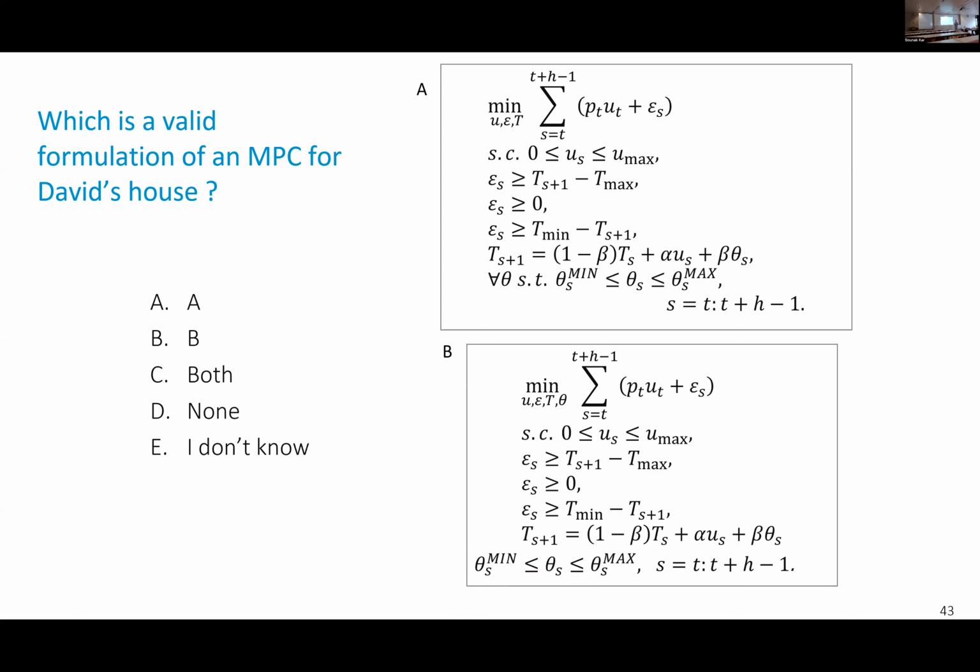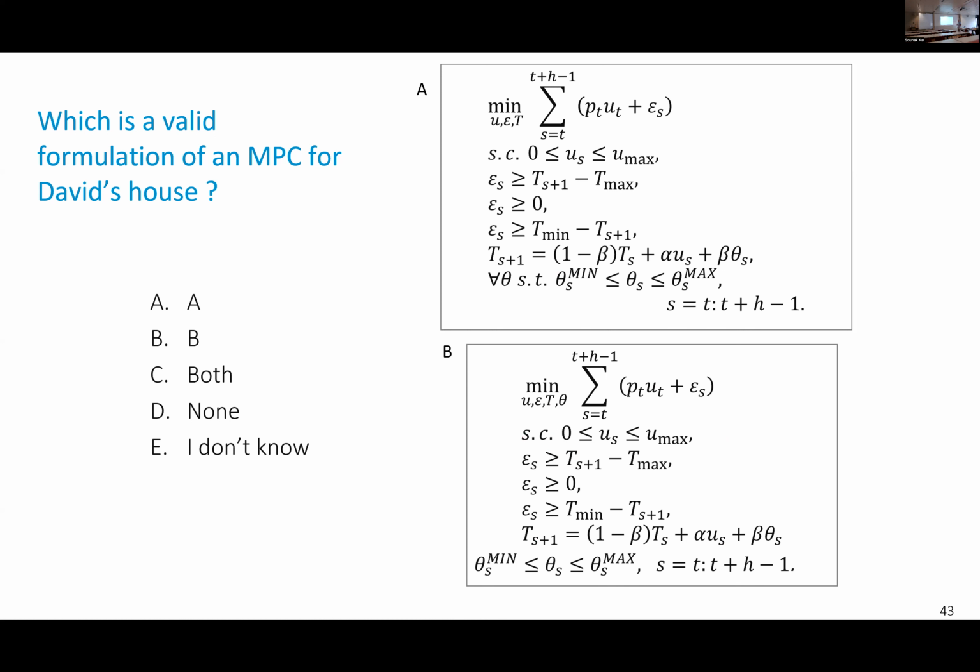And from a control theory viewpoint, this means we're assuming we have cooperative operator that is trying to help us with the optimization, which is something we do if we have a dual optimization. If at the same time outside we can manipulate the outside temperature optimally, that's what we would do. But that's probably not what we wanted to do. So this is also not a valid formulation of the many ways we can formulate the problem.